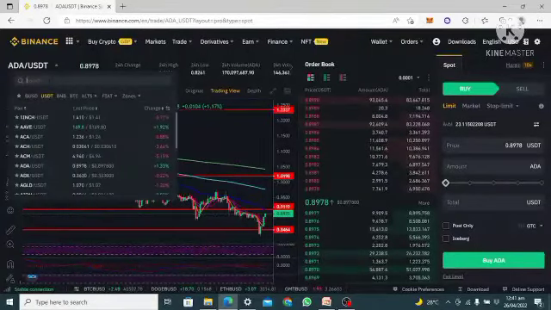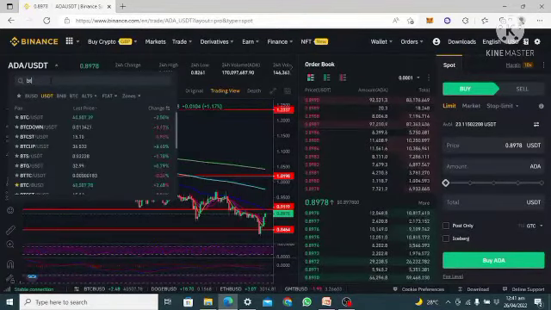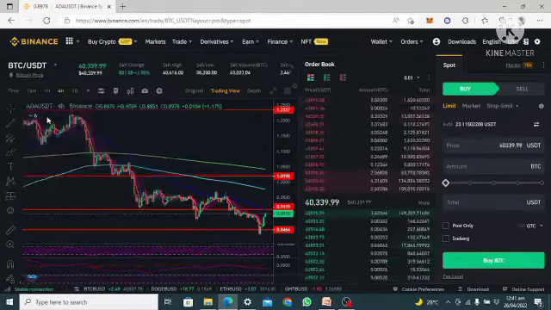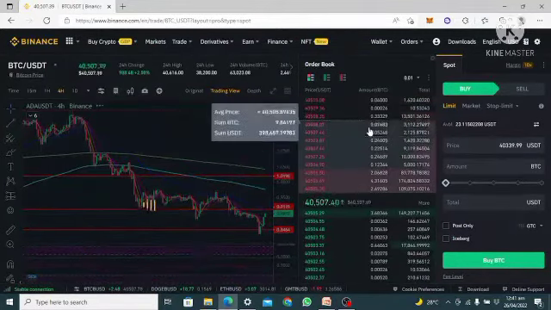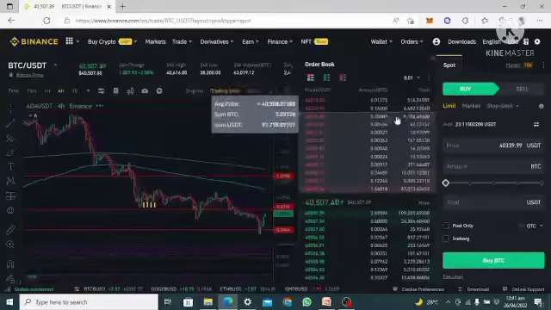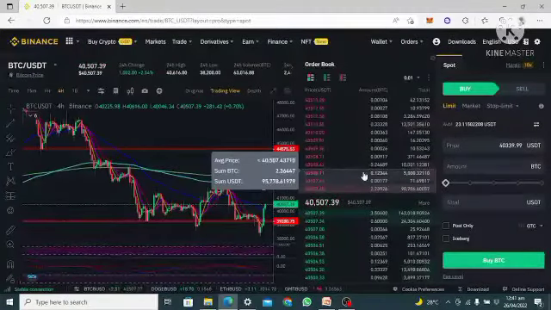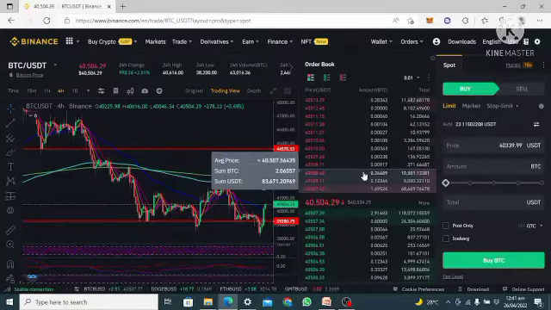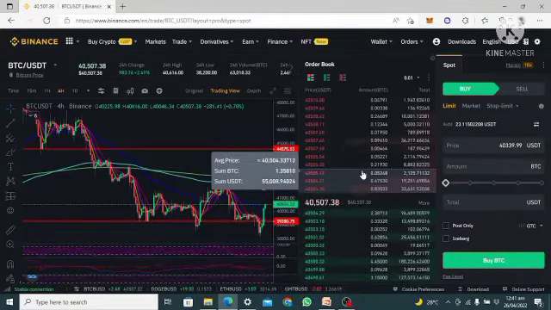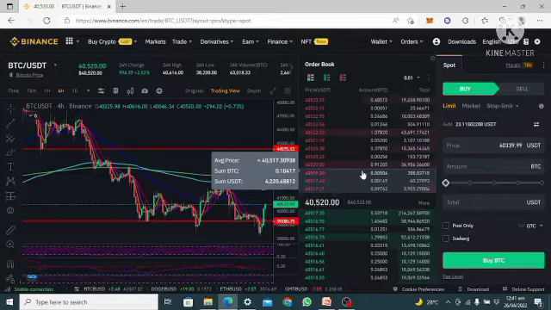So let's get started here using Bitcoin, which is BTC/USDT. I click this. Now the next thing you need to know on the home page of your spot account is that there are 2 kinds of order books here.